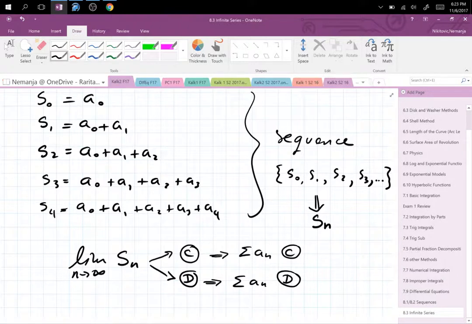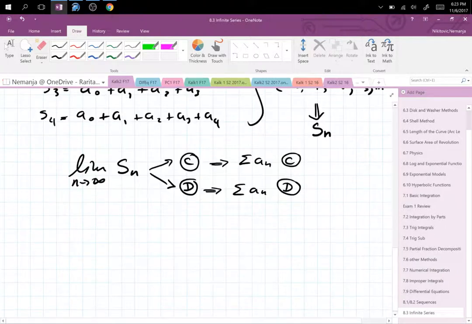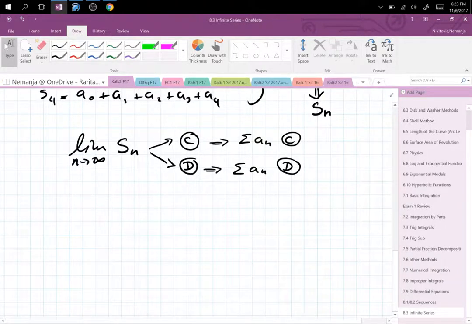Now, what we do instead is we develop 10 tests. There are more. In Calc 2 we learned 10, okay? So we develop 10 tests to use to test the series. So we have 1 for sequences, which is the limit test, and 10 for series for convergence and divergence. And we test them, right?